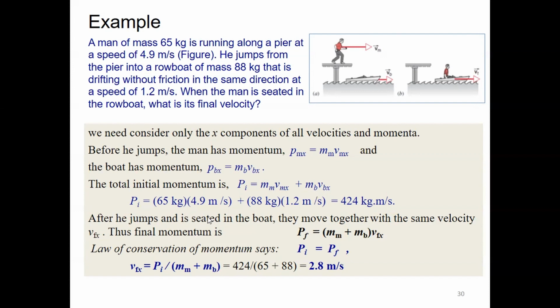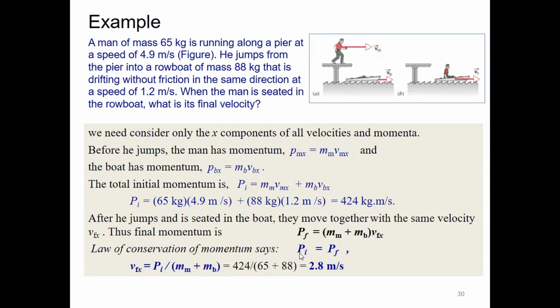Now, after he jumps and gets seated in the boat, the man and the boat move together on the lake with the same velocity vf. Thus, the final momentum is pf equal to m of man plus m of boat multiplied by v final.